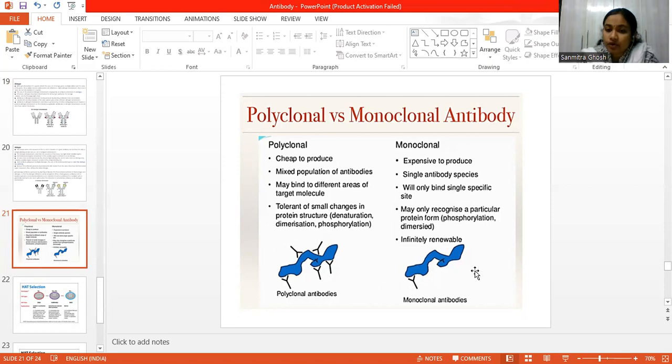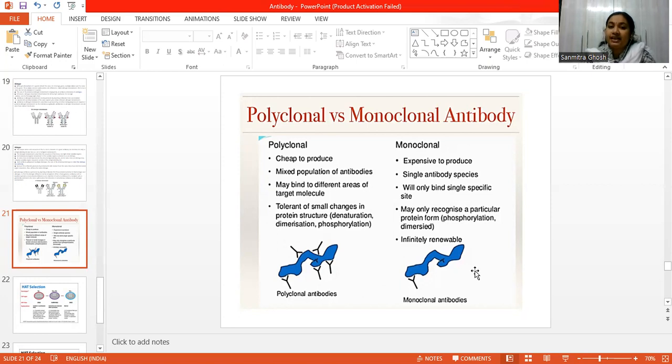And these monoclonal antibodies are infinitely renewable, unlike the polyclonal antibodies, because polyclonal antibodies have a definite lifespan based on the lifespan of the B cells that are producing them. And these monoclonal antibodies may only recognize a particular protein form.